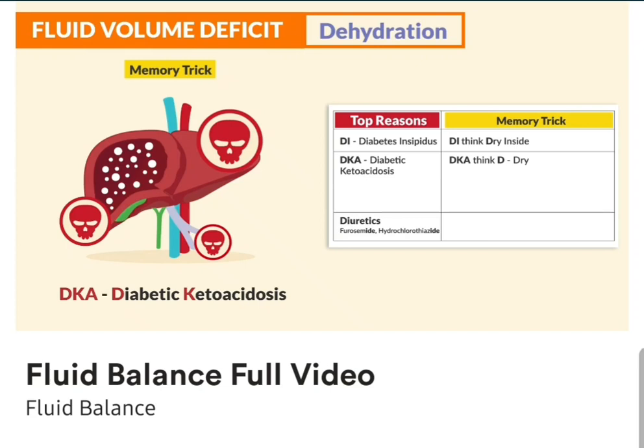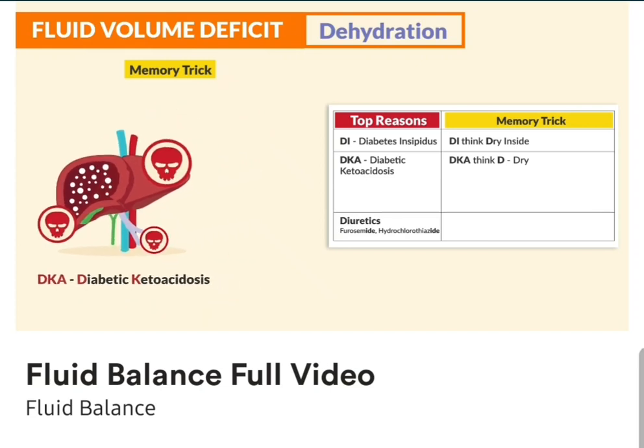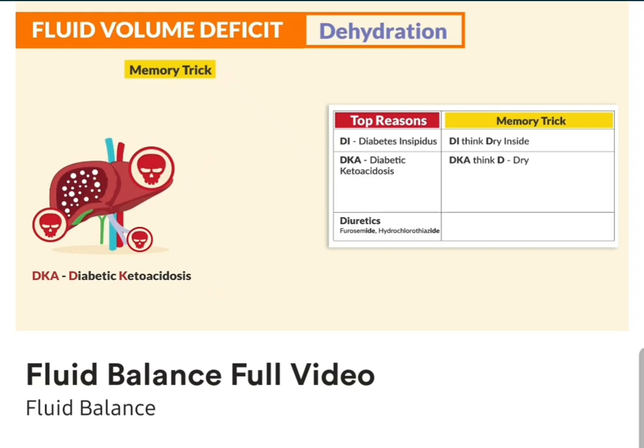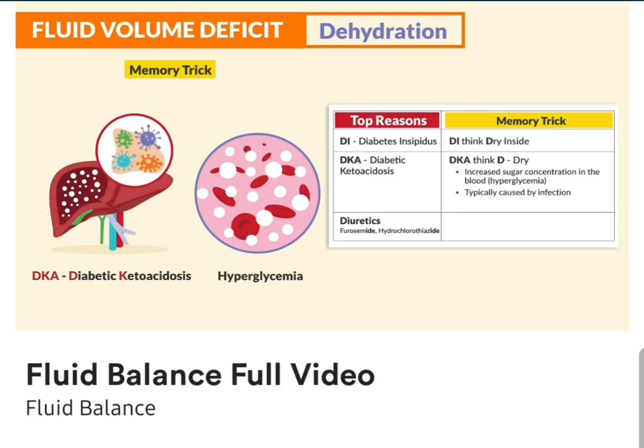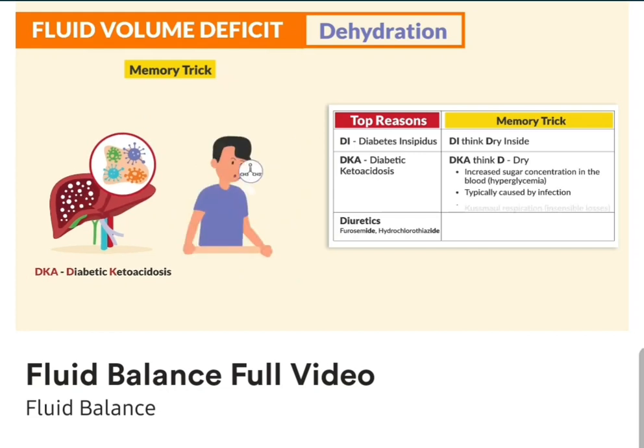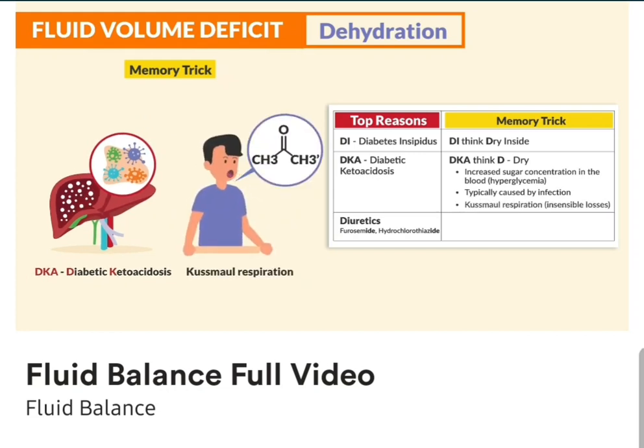Now we go into all the details in the full DKA video, but real quick, with DKA we see an increased sugar concentration within the blood, that hyperglycemia, typically caused by infection, which also dries the body out. And a common manifestation is Kussmaul respirations, basically fast breathing, which leads to insensible fluid losses from all that fast breathing.